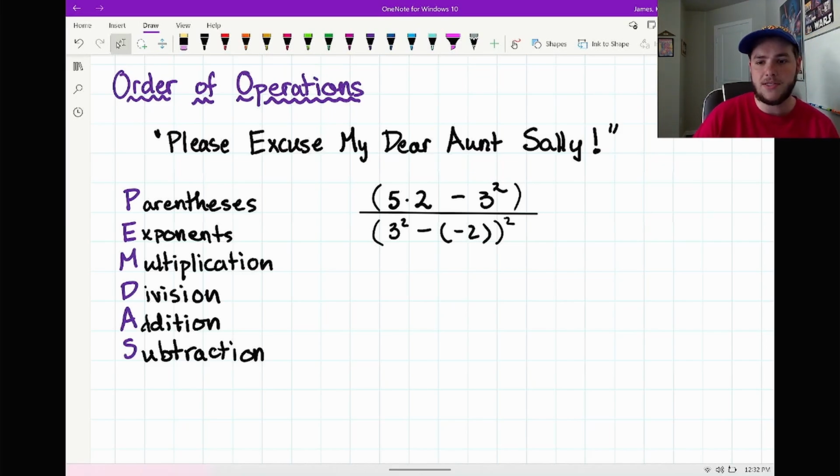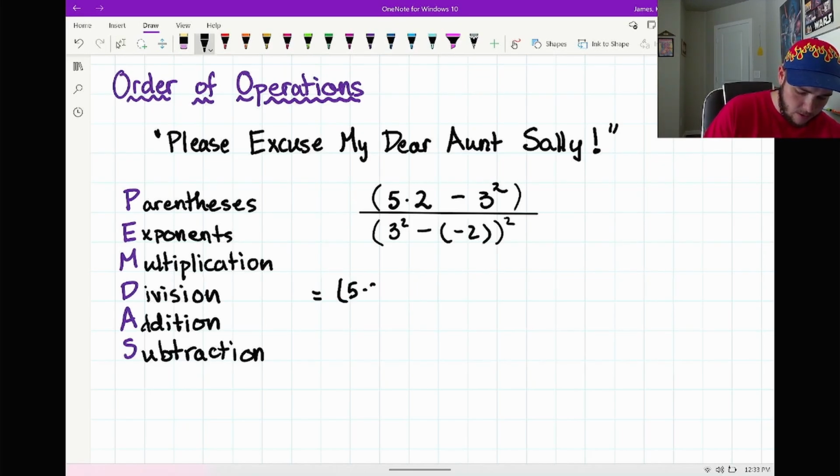The first thing I need to look for are parentheses, and I've got lots of them floating around. So how do I pick? Well, we always start from our innermost set of parentheses, but maybe even that's a little bit confusing because of the fraction bar in this problem. So it might be more helpful to write this as numerator divided by denominator.